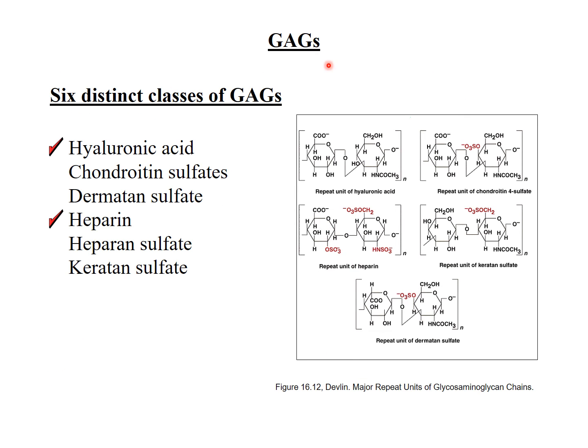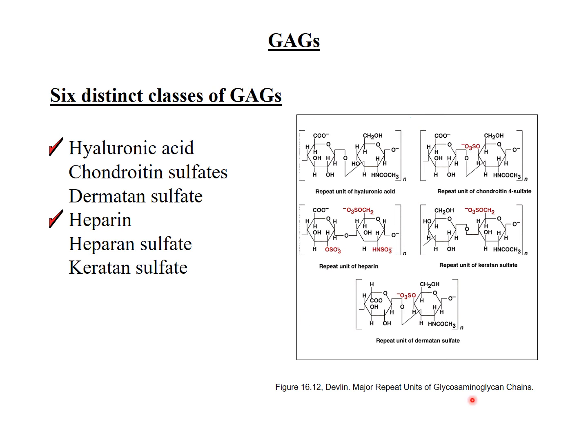So what are these GAGs, glycosaminoglycans? We have 6 different classes: hyaluronic acid, chondroitin sulfate, dermatan sulfate, heparin, heparan sulfate, and keratan sulfate.